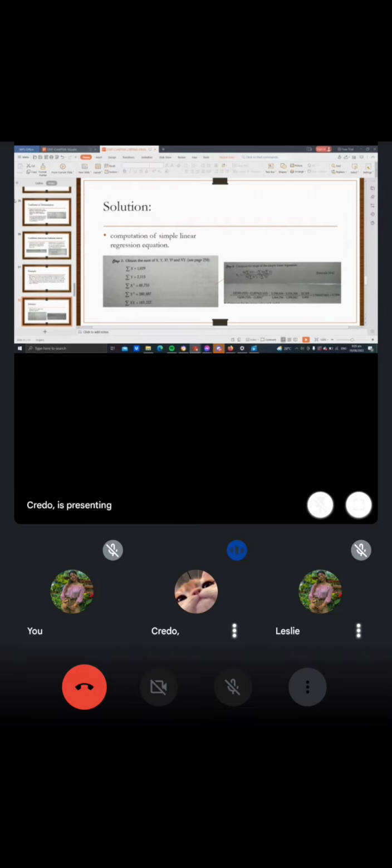So solution. First will be the computation of the simple linear regression equation. Step 1 is to obtain the sum of x, y, x squared, y squared, and xy. So as you can see, the summation of x, summation of y, summation of x squared, summation of y squared, and summation of xy have already been calculated. So step 2 will be to compute the slope for the simple linear regression.